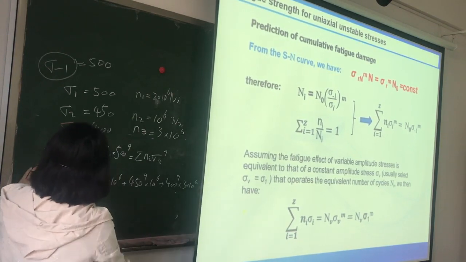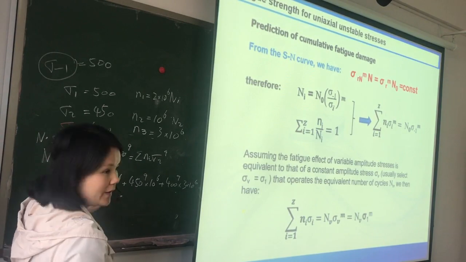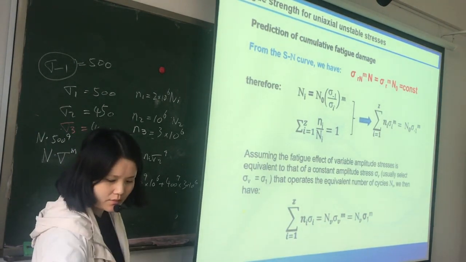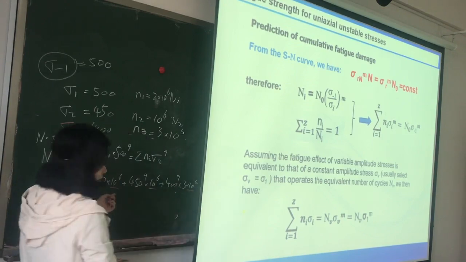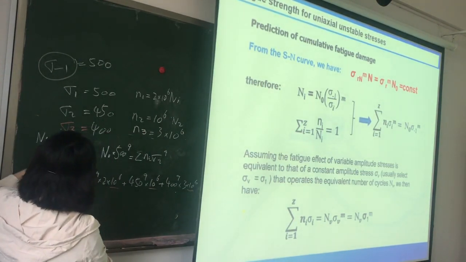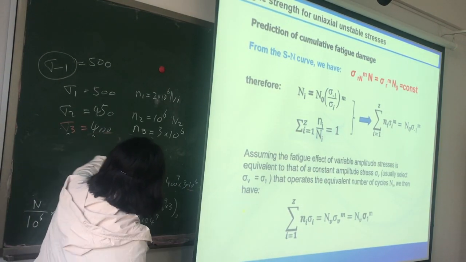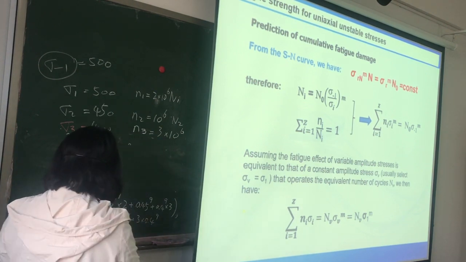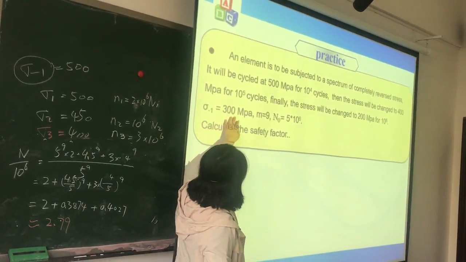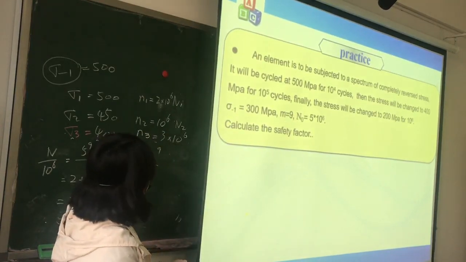And this is n times, we can express as, and we know sigma minus 1 is 300 megapascal, m is 9, and N0 is 5 times 10 to the 6.